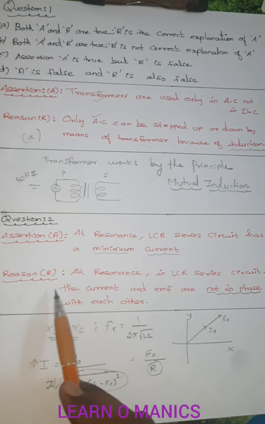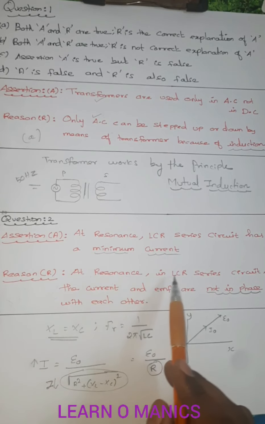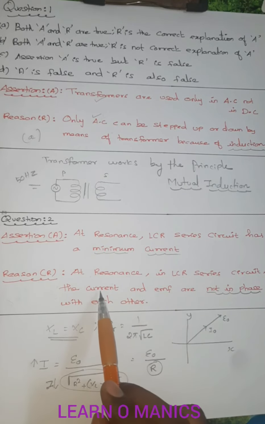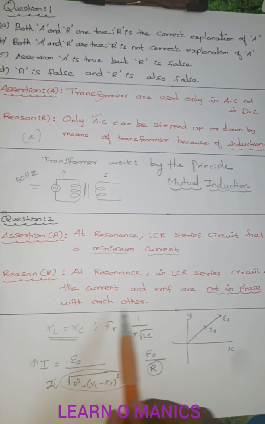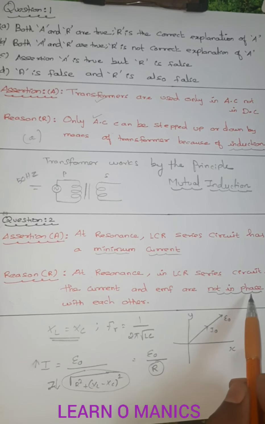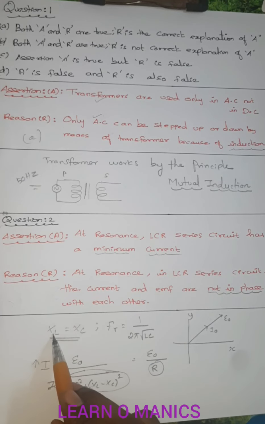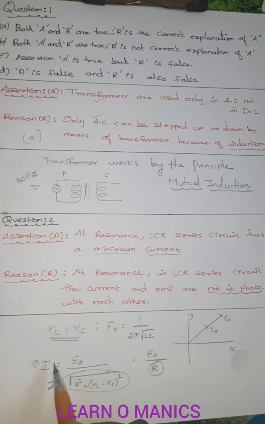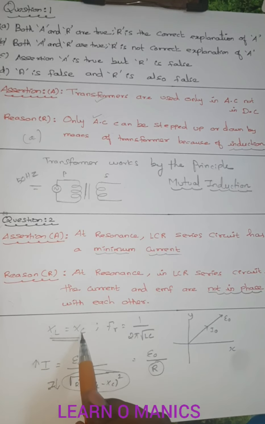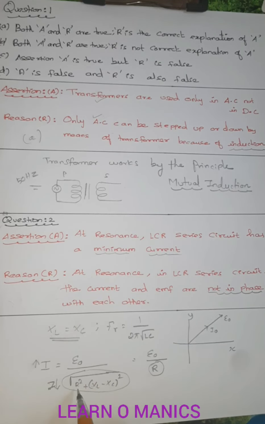Then when I think about the second one, at resonance, in the LCR circuit, the current and EMF are not in phase with each other. The notable words were not in phase. When we think about the resonating condition, the impedance is reduced and XL is equal to XC. When XL is equal to XC, this term becomes 0, and the circuit works only under the effect of resistance. That means the only component in the circuit is the resistor, right?